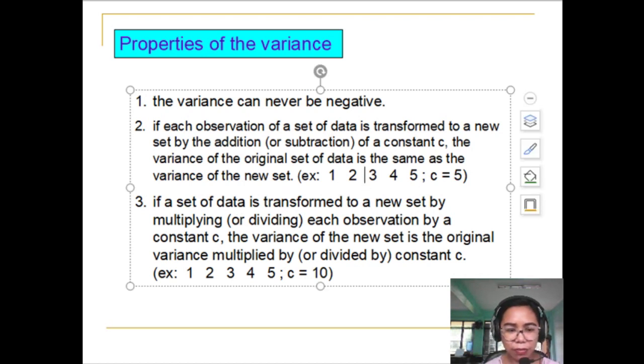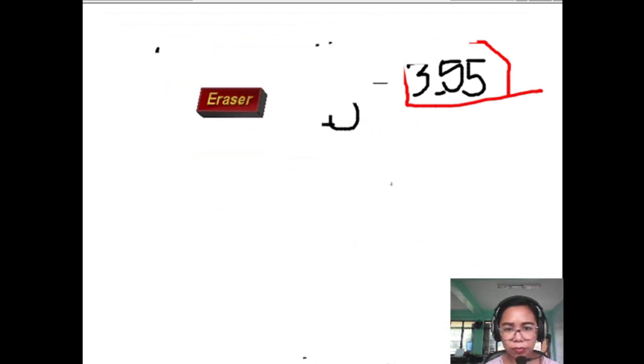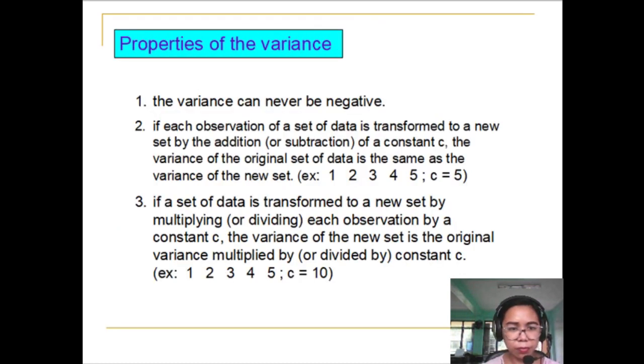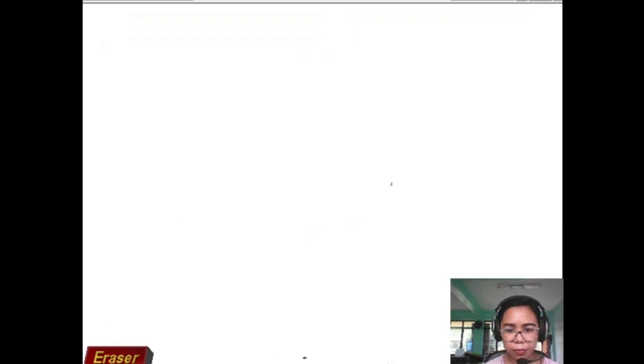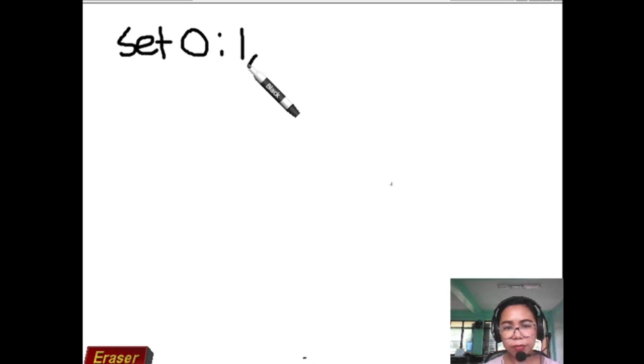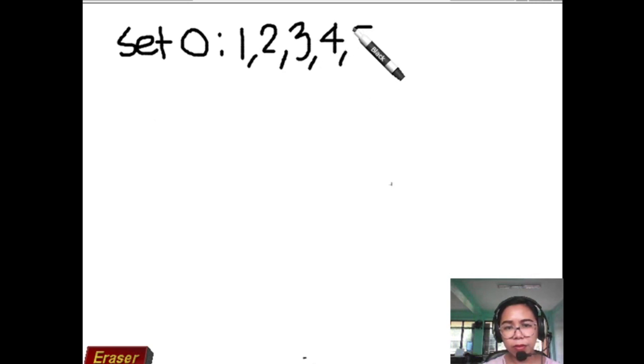Let's take this example, 1, 2, 3, 4, 5. This is our original set. And let's say we have here a new set.